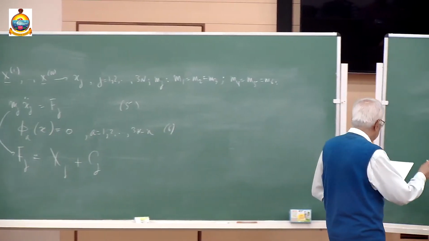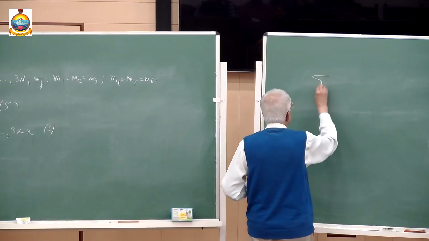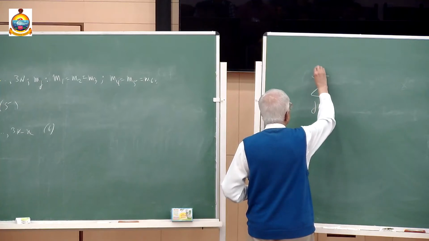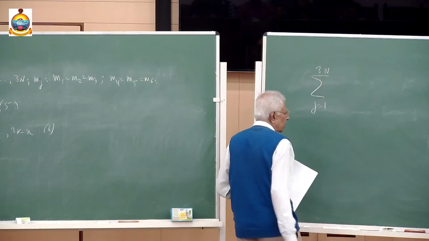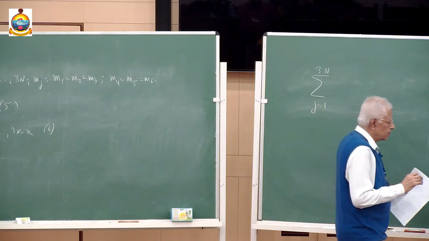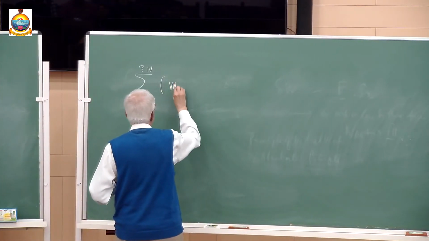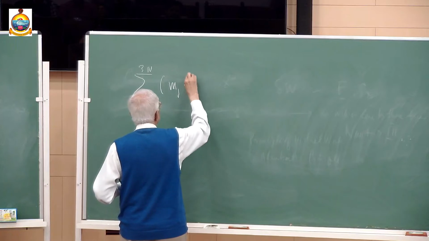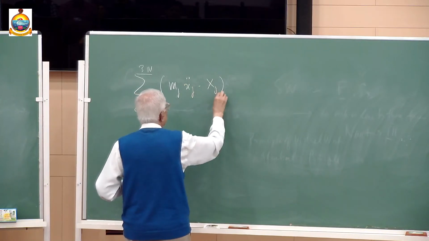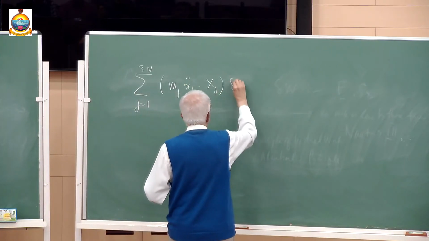And so here is the physical fact that the constraint forces do not do any work. I will write it, and then you will understand immediately why it is written in that way.